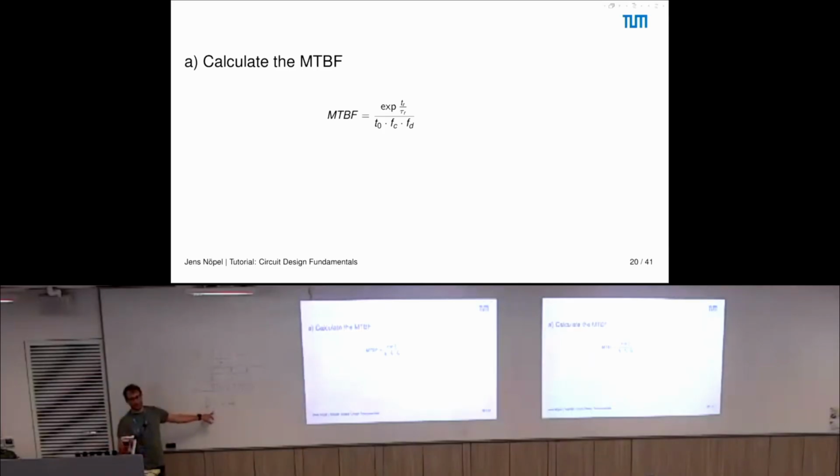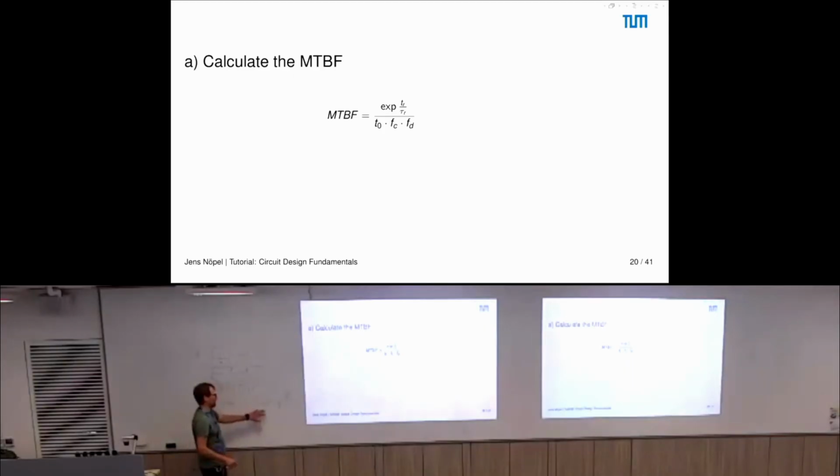This is the problematic case, that this metastable event occurs and is persistent. So now we have T0 times Fd, the probability that a metastable event can happen, times the probability that it does not settle in time.